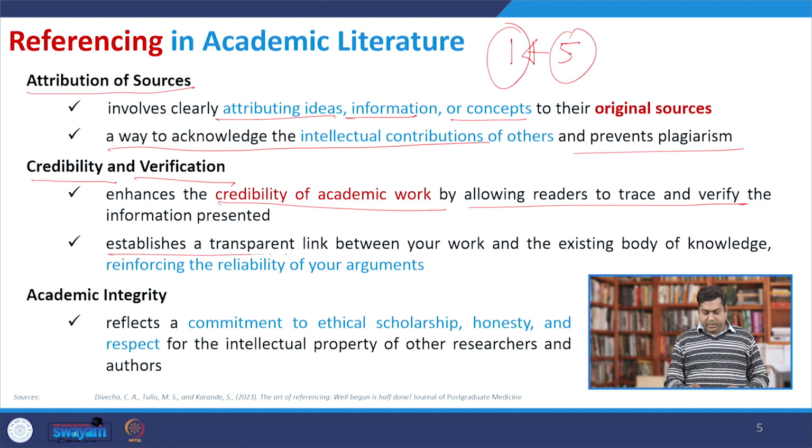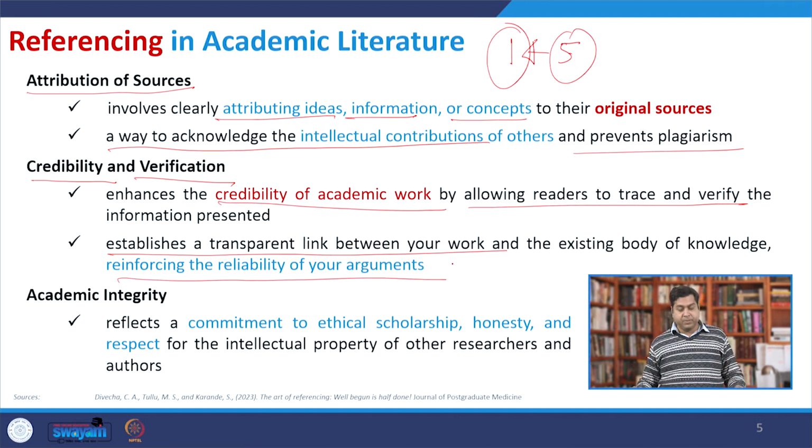It also establishes a transparent link between your work and the existing body of knowledge, reinforcing the reliability of your arguments. So, if you say that people reacted that comfort is something to be improved in public transport, and if 5 other papers are also saying that before you, then that will obviously strengthen the argument that you are not alone, and that you are not giving some out-of-the-moon idea.